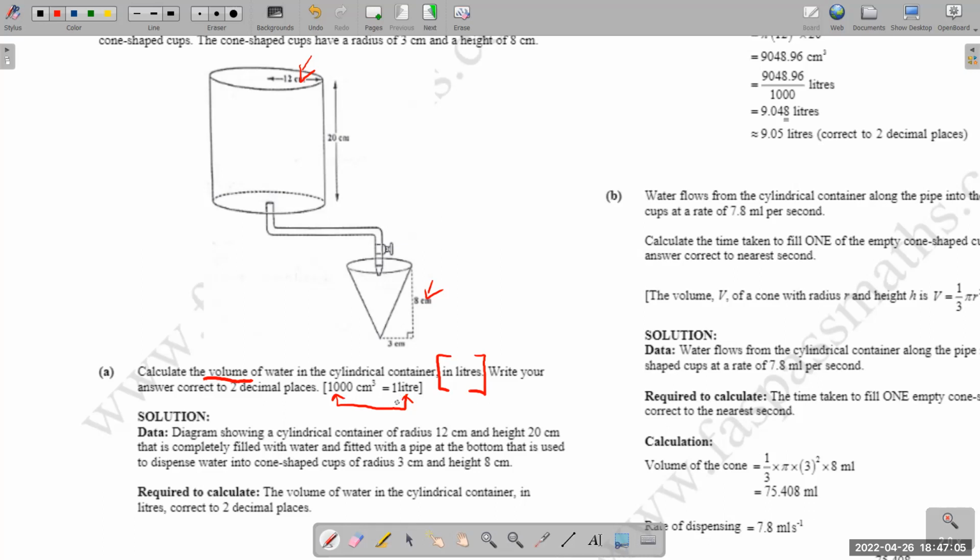Show by calculation that the internal capacity, which is the same thing as volume, and you realize what word they use again? Internal capacity versus the external dimensions. They do this so that you know you're not supposed to use the same measurements for inside and outside. So they want proof that the volume is this amount.